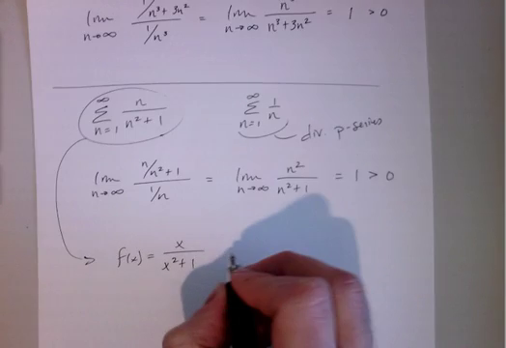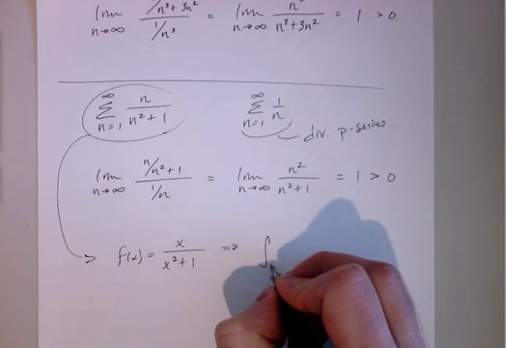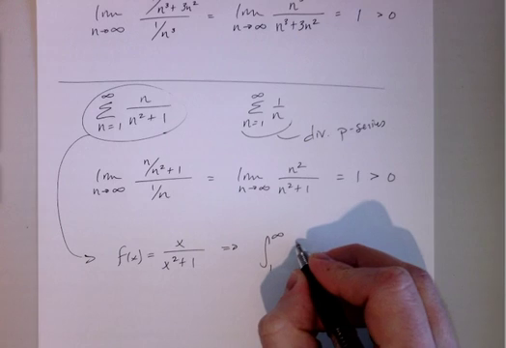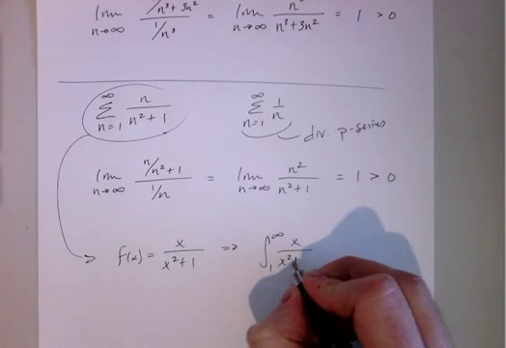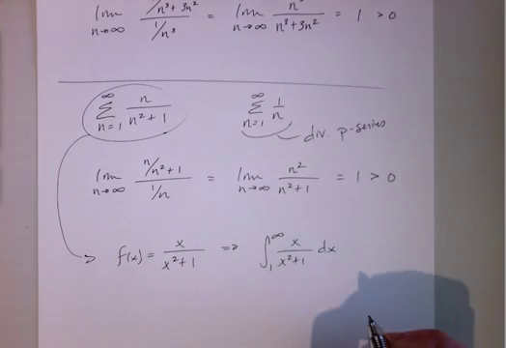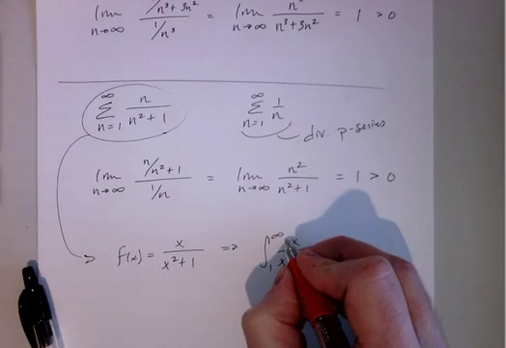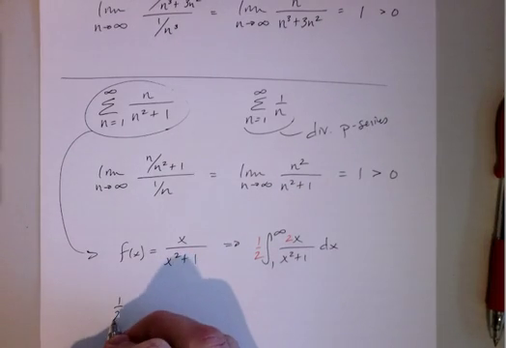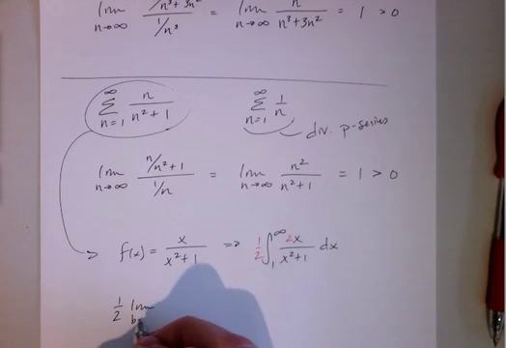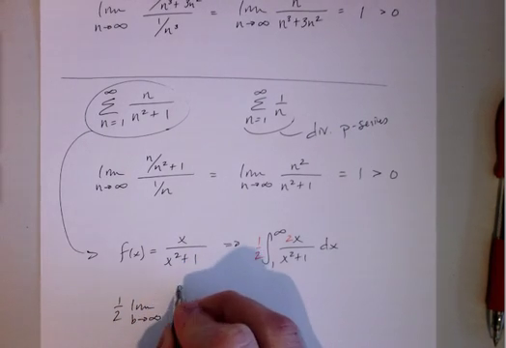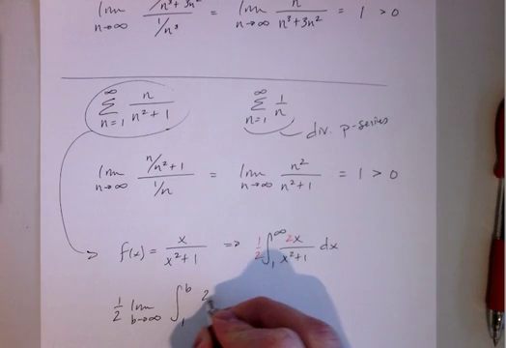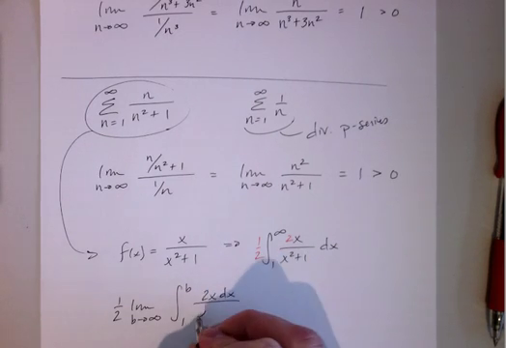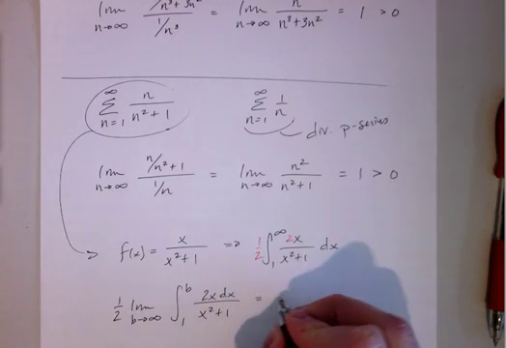And I could have done it as the integral from 1 to infinity of x over x squared plus 1 dx. And of course that would have been 2 and 1/2. And then I would have had 1/2 the limit as b goes to infinity of the integral from 1 to b of 2x dx over x squared plus 1.